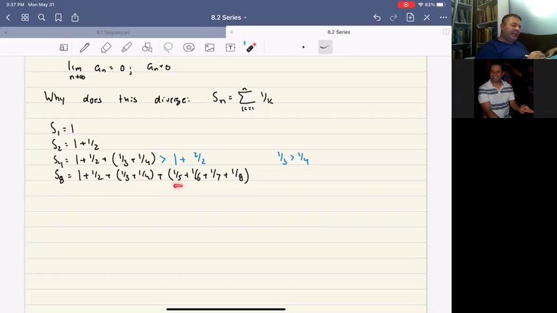Now, here, we've got how many terms? 1, 2, 3, 4, and all of them are bigger than 1/8, except for the 1/8. So all of them are bigger than or equal to 1/8. So this is bigger than 1 plus 1 half plus, this is the 1 half that comes from here. And then here, this is bigger than 4/8, which is 1 half.